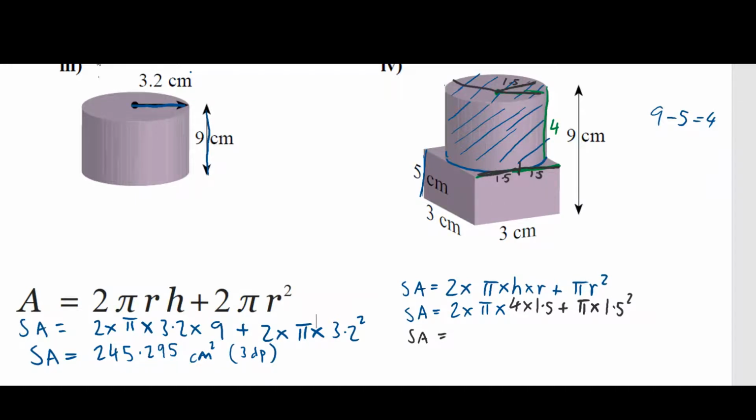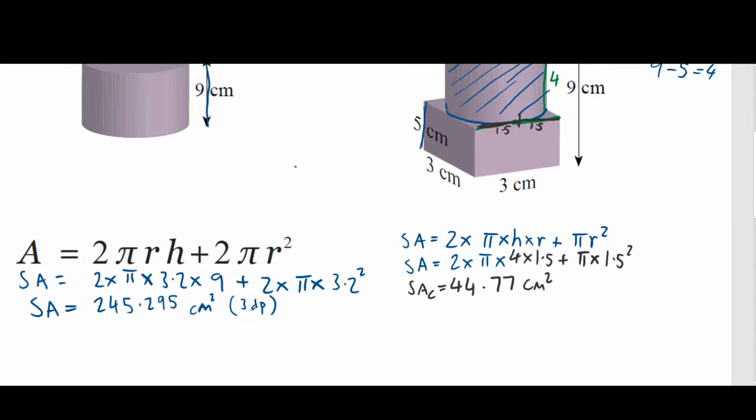So the surface area of the cylinder is going to be this. 2 times... 44.77 square centimeters.